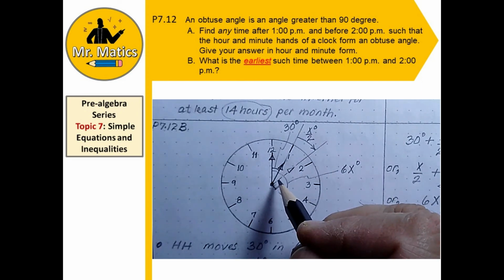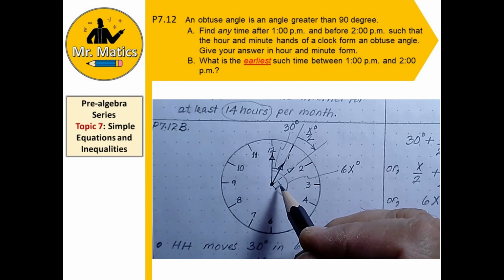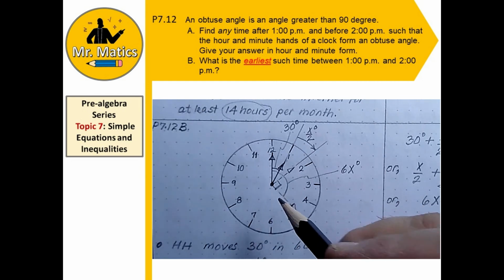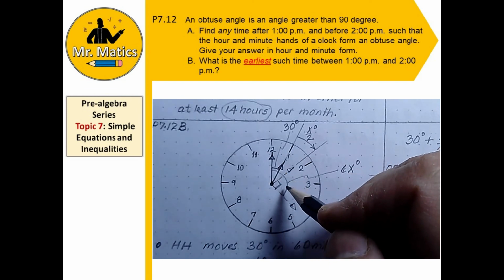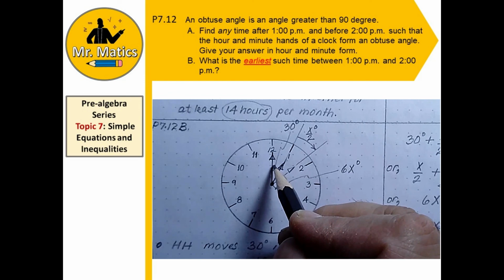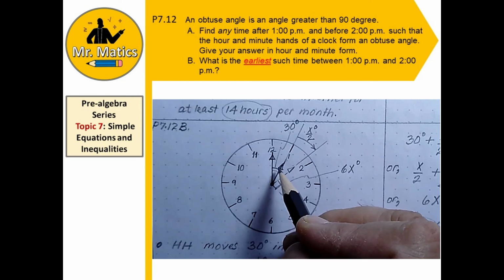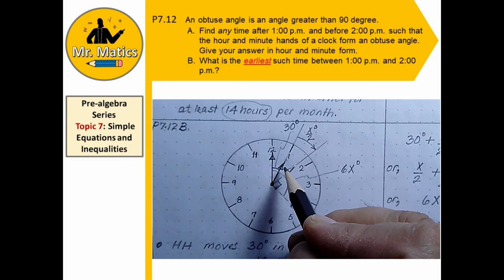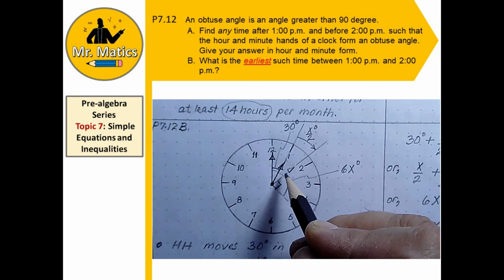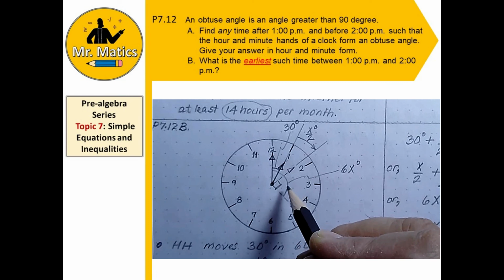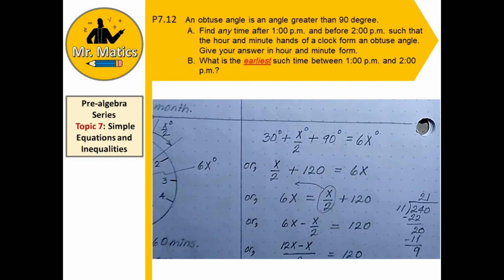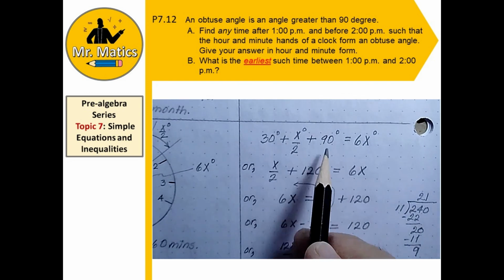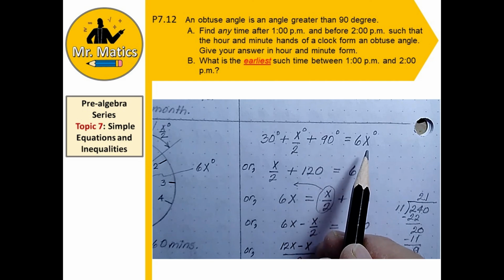Now at this point, x minutes past 1, these two hands are at 90-degree angle. So if I have to reconstruct 6x degrees, which is this entire angle, that means the first 30 degrees it has to cover, then the movement covered by the hour hand, which is x by 2 degrees, and then it has to cover another 90 degrees. And that is how we wrote this equation. 30 degrees plus x by 2 degrees plus 90 degrees equals 6x degrees.